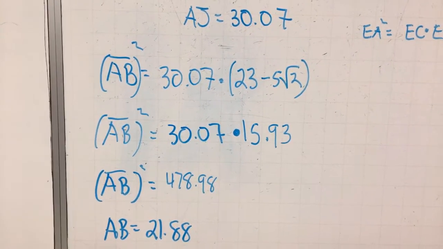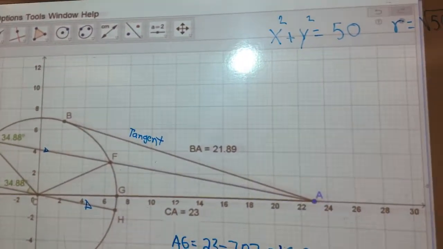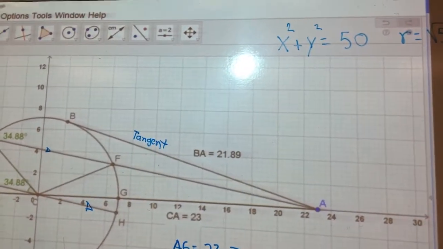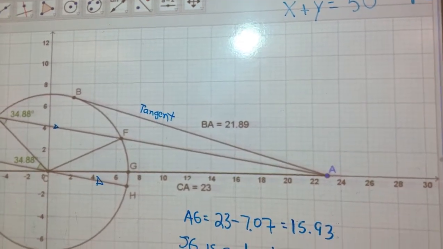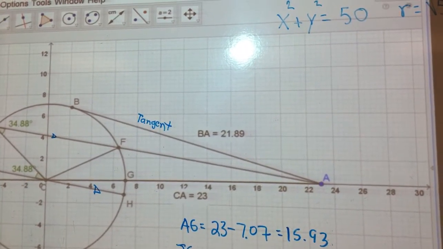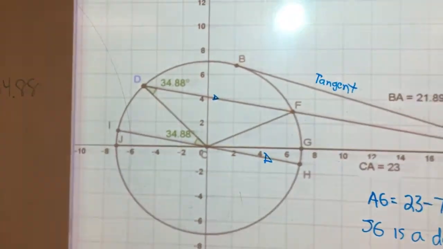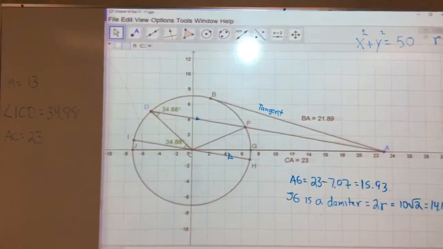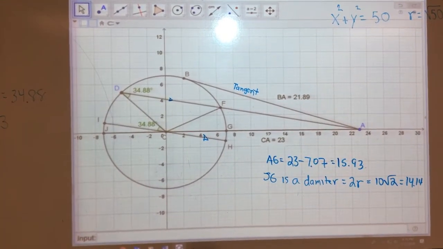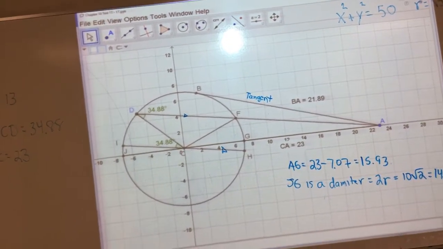Okay, that's how you find AB. Now, GeoGebra tells me it's 21.89, so anyway, I'll take it. So now you know the length of the tangent. Hopefully, that will help you out with that page 2 a little bit.